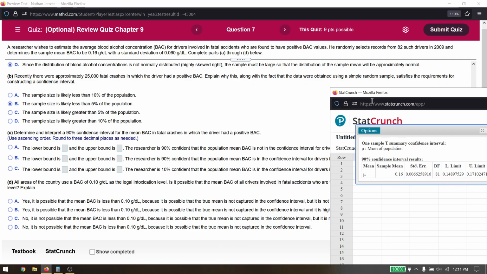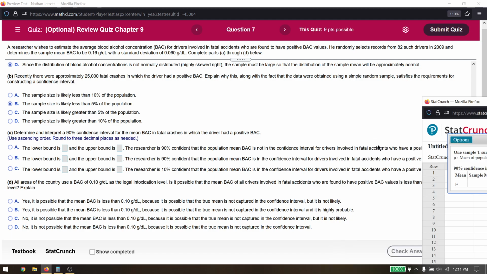And now it says determine, so we want the researcher is 90% confident the BAC is not in the confidence interval. That doesn't make sense. 9% confident that it is in the confidence interval. 10% confident that it is in the interval. 10% confident that it is in the interval is the same thing as 90% confident that it's not in the interval.